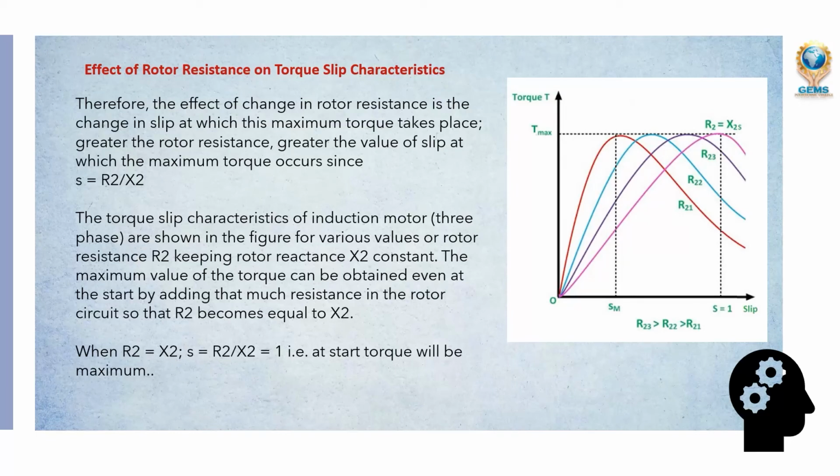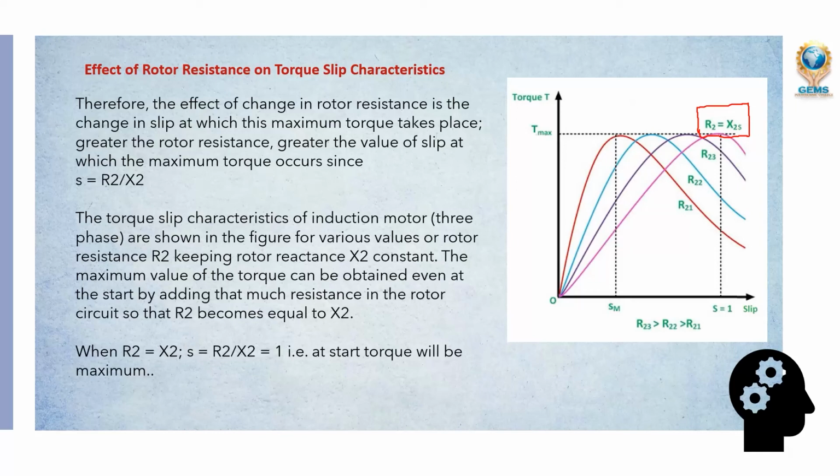You can see in this figure that different values of resistance are given. At this point R2 equal to X2, that is, when the rotor resistance is equal to the rotor reactance, the torque will be high; that is the maximum torque condition.